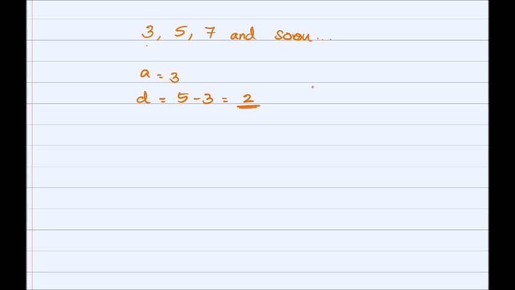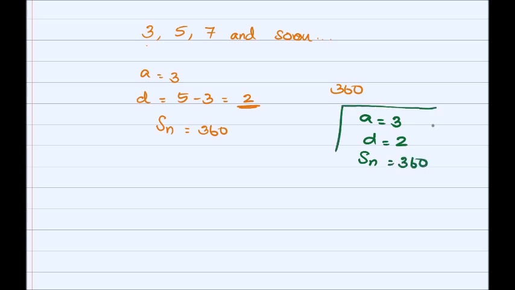And the total number of candies is 360. That is Sn. So the variables of this AP are a is equal to 3, d is equal to 2, and Sn is equal to 360. These are the known values of this AP.